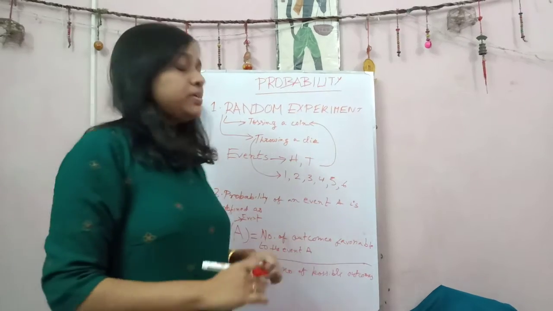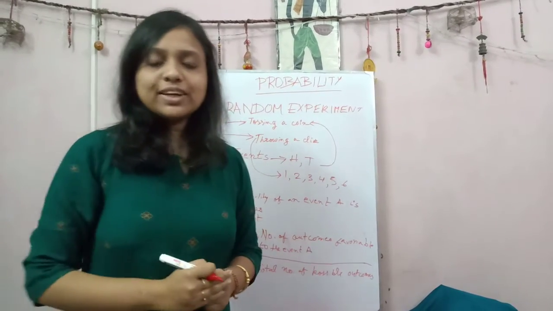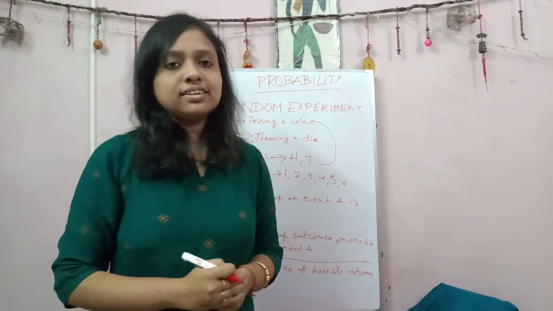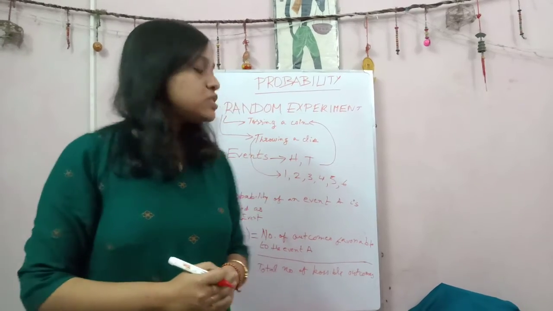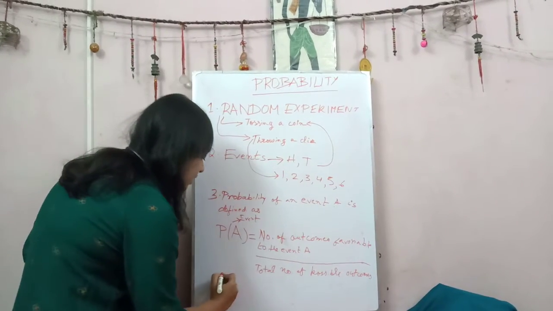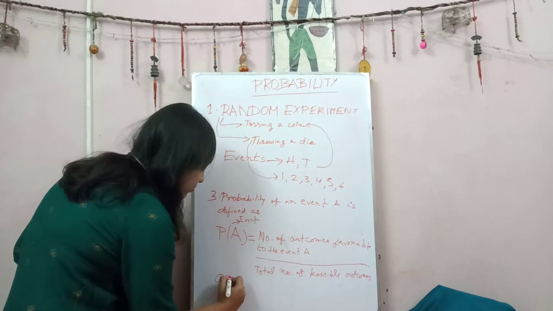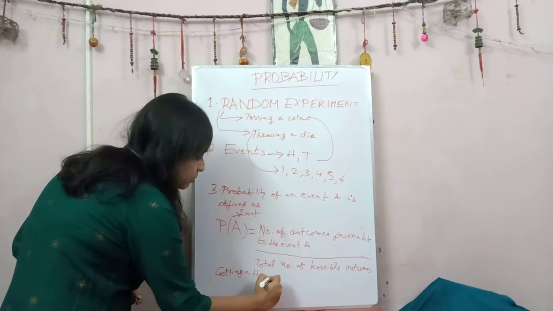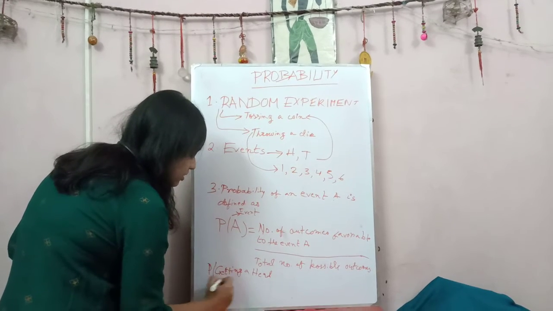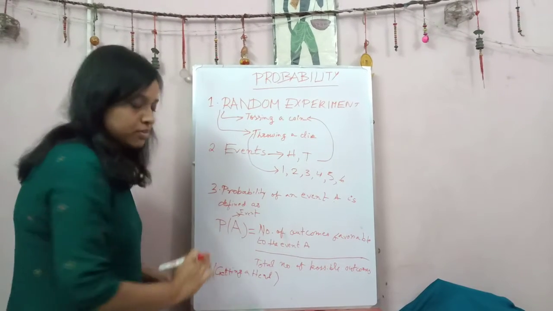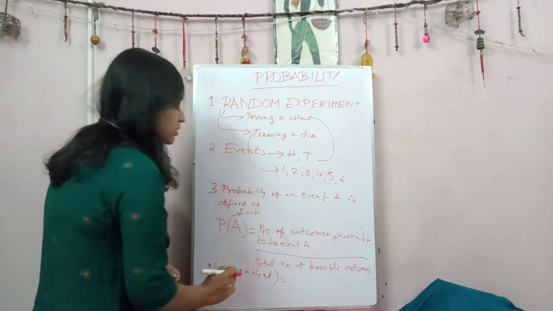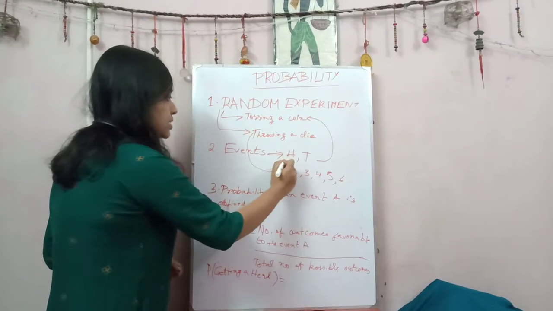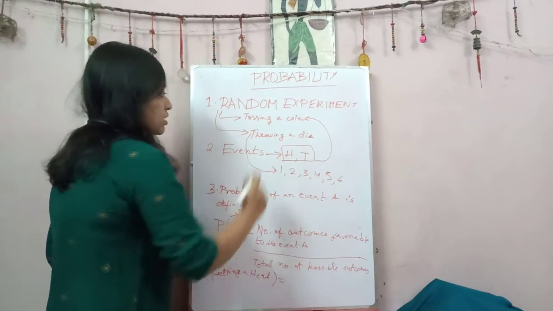Now what is a favorable event? Suppose in the cricket match, the cricketer wants a head. That is the favorable event. So if I suppose that getting a head is the favorable event here, what will be the probability of this event? How many of the outcomes are favorable to this tossing a coin?